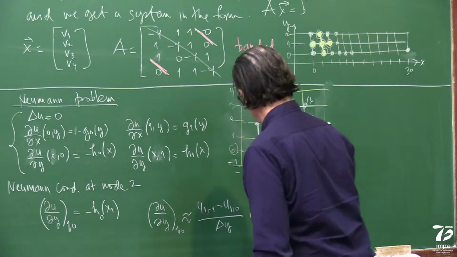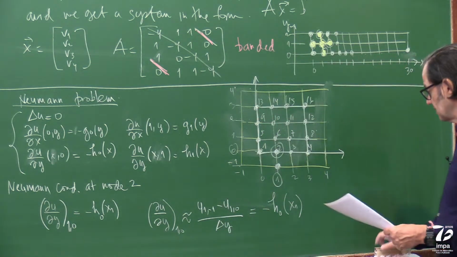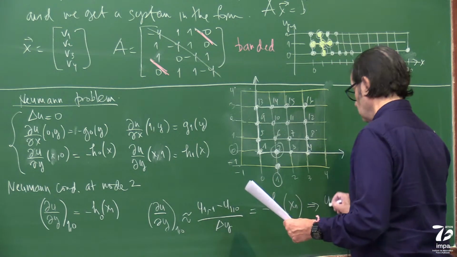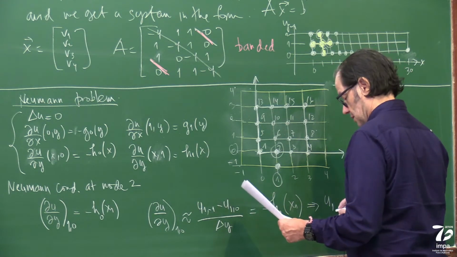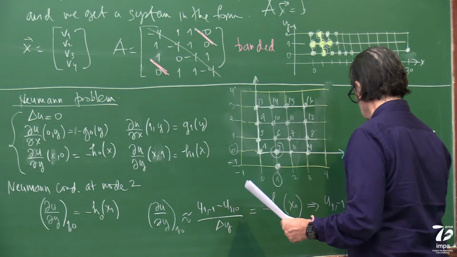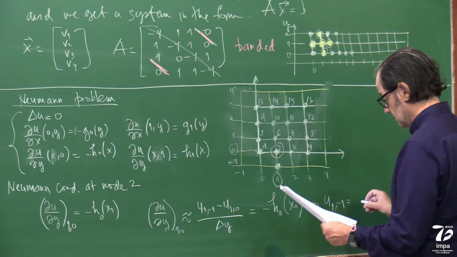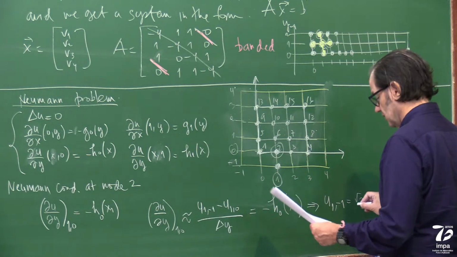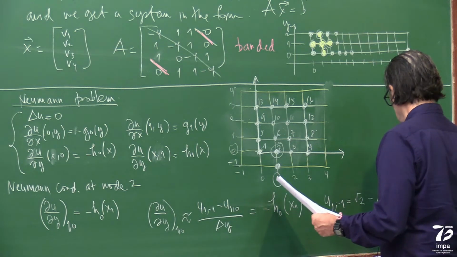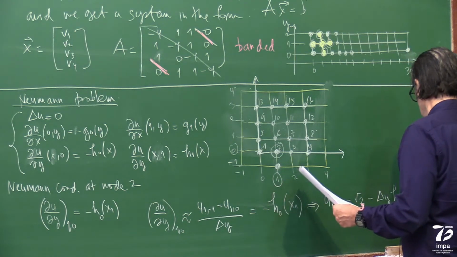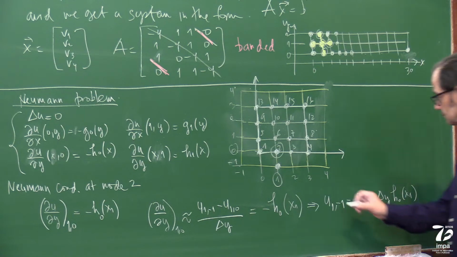So we don't know these values yet. So let's keep that. But that tells me this. This is useful. This tells me that u1 minus 1, so I have the ghost point, which is a point outside the grid, is equal to v2 minus delta y h0 x1.